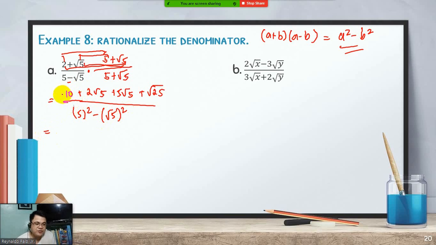Alright, so let's simplify the numerator. 10, 2 square root of 5 plus 5 square root of 5 is 7 square root of 5, plus square root of 25 is 5, over 25 minus square root of 5 squared. Square root of 5 squared is just simply 5 if you extract the root. 10 plus 5 is 15 plus 7 square root of 5.